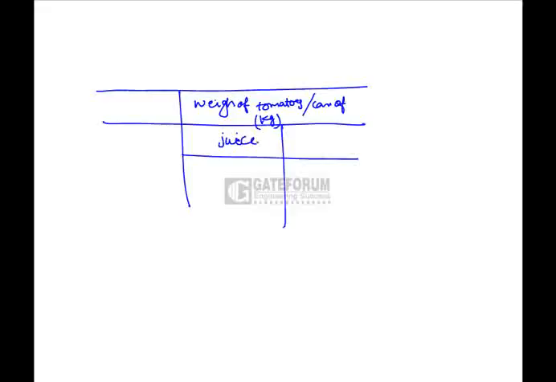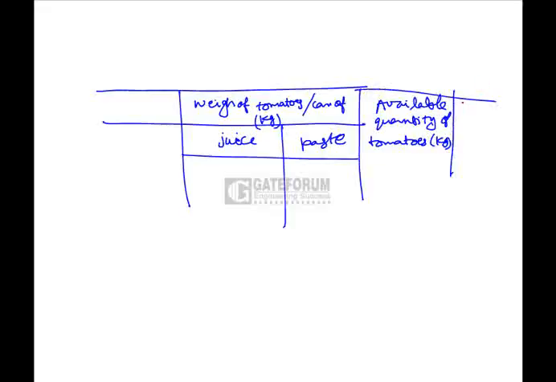Here from the given data, take weight of tomatoes per can of juice or paste in kgs in one column, for the juice and paste, another column is the available quantity of tomatoes in kgs, and the final column is cost per kg of tomatoes in rupees.